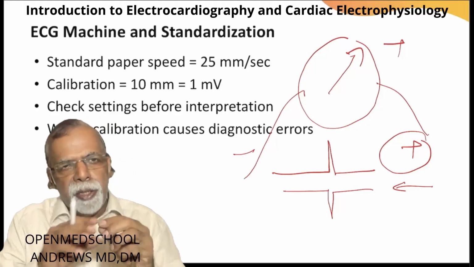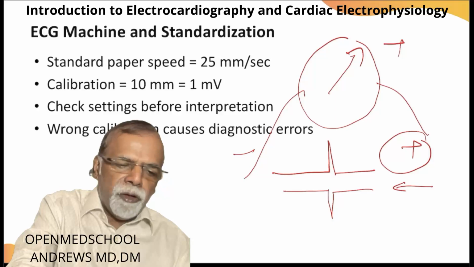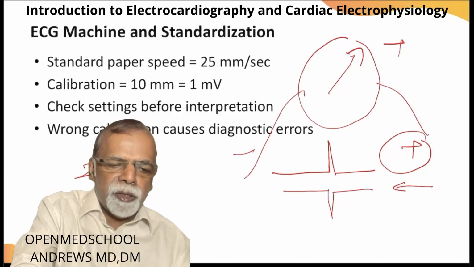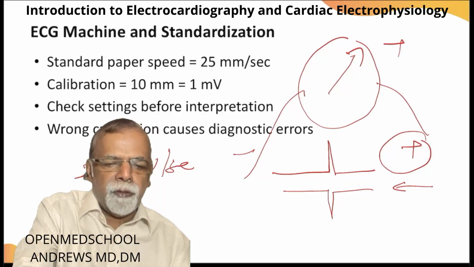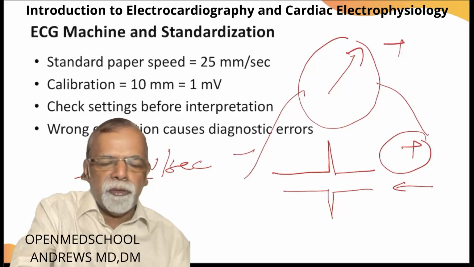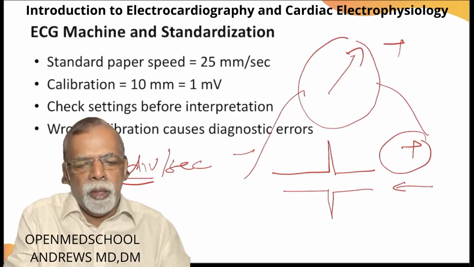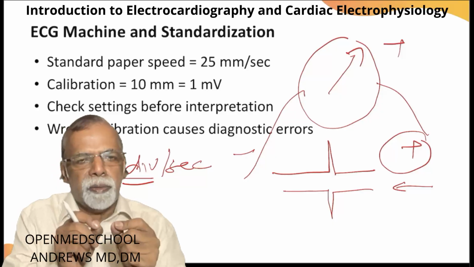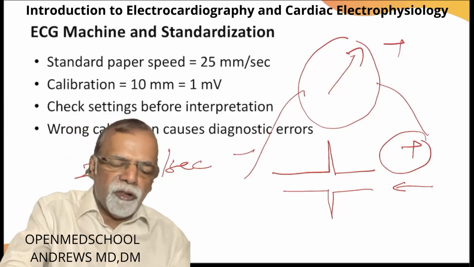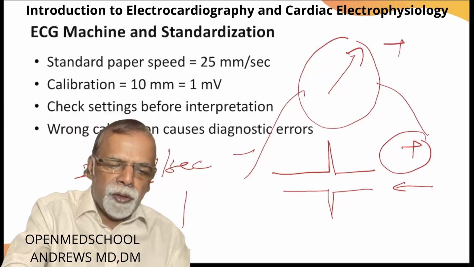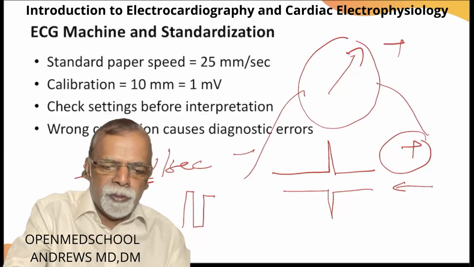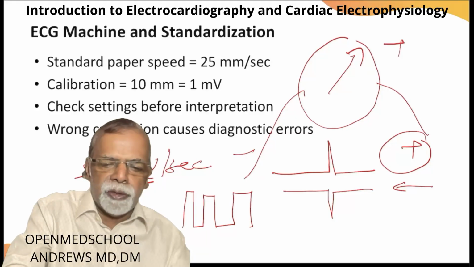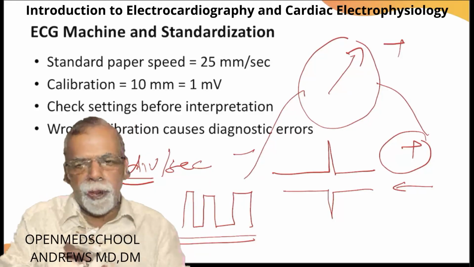The paper is running at a speed of 25 small divisions per second. Remember, it is 25 small divisions. And the calibration is when the machine is given 1 millivolt, this will produce a deflection of 10 millimeters. In the ECG, usually routinely you see the standardization like this.